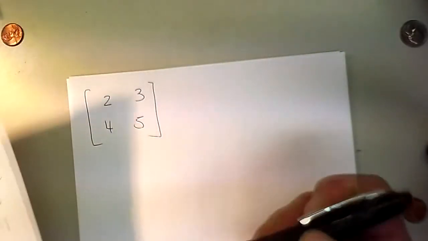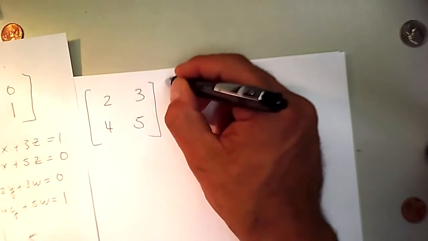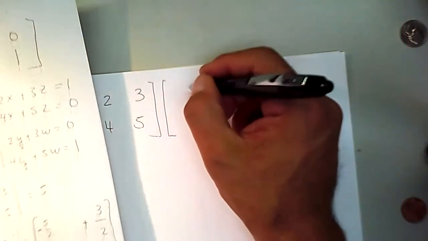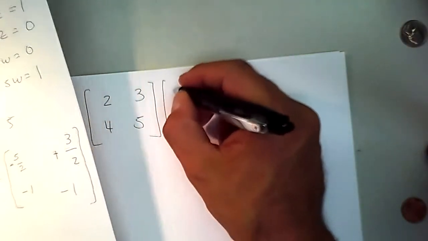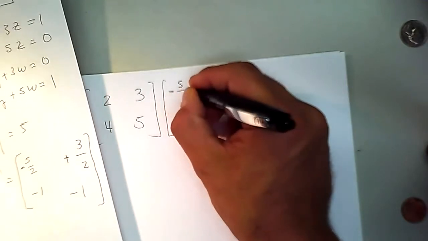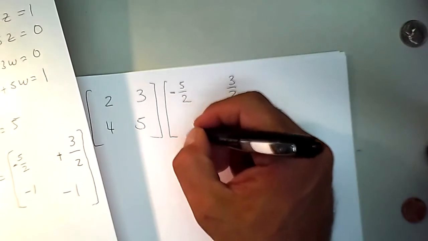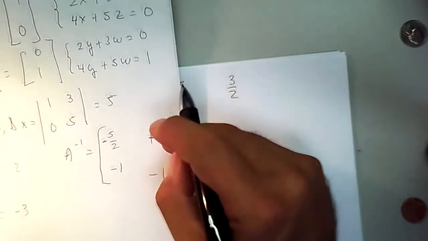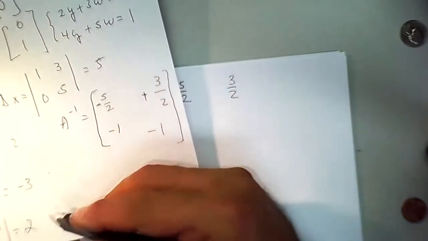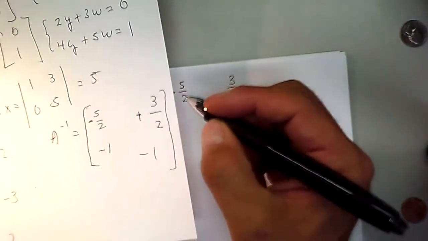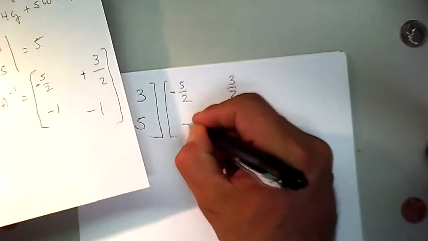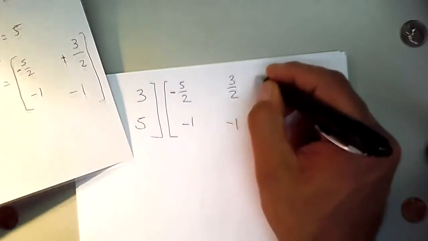But before we find the mistake, let's actually see how we are supposed to check. So negative 5 over 2, 3 over 2, negative 1, and then negative 1 again.